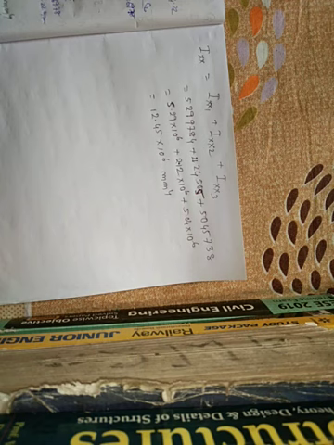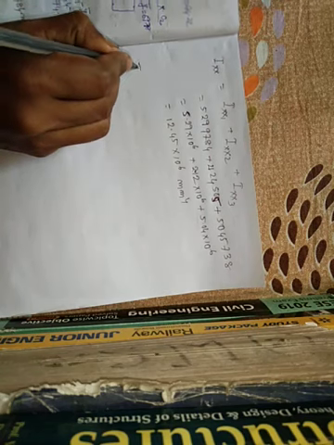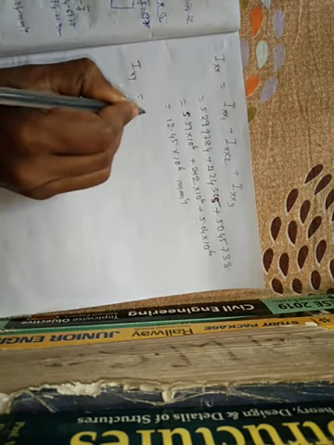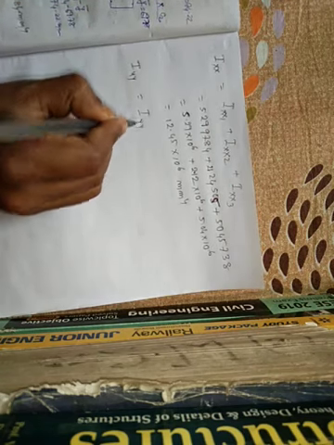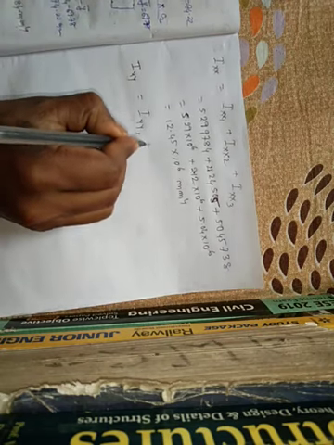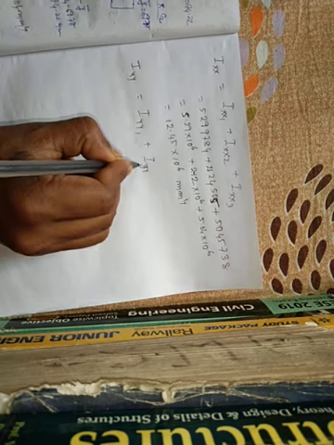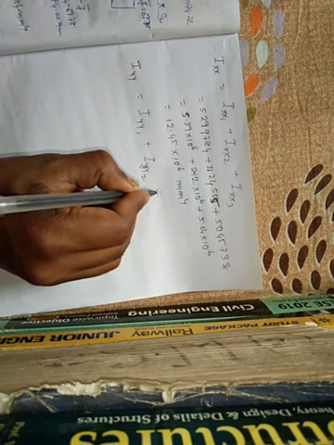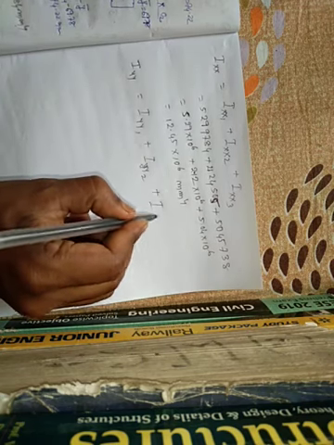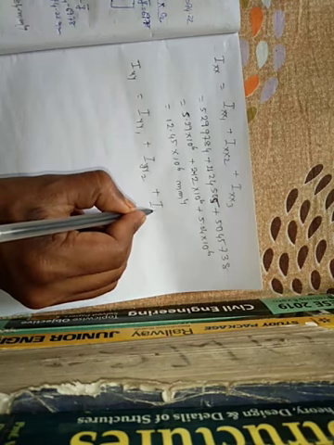Now find out the moment of inertia about the y-axis. It will be very simple to calculate. It is nothing but the moment of inertia about the y-axis of the top flange plus that of the web plus that of the bottom flange.